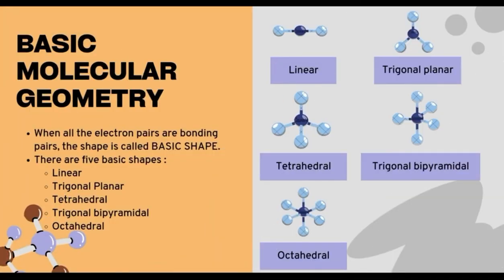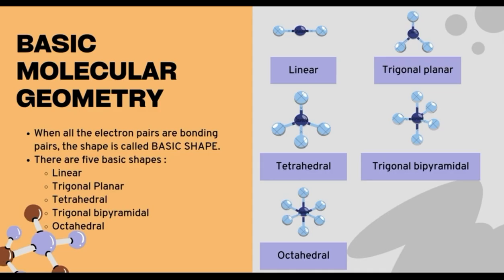Now let's talk about the basic molecular geometry. Basic molecular geometry occurs when a lone pair is not present on the central atom. For example, when the electron pairs of the atom consist of all bonding pairs, the molecular geometry of the atom is in the form of a basic shape.